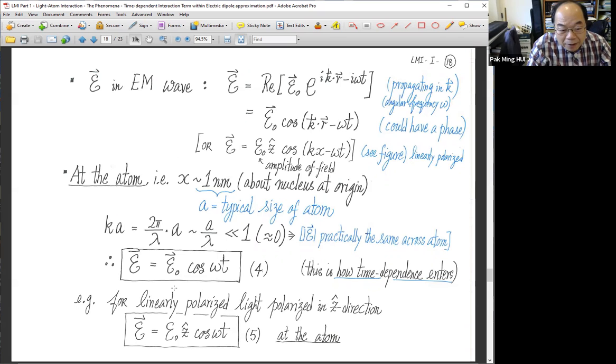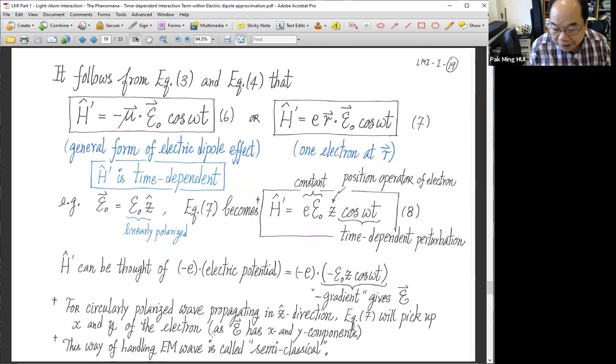So let's put linearly polarized light for this case. Then we will have an amplitude of the E field, linearly polarized along Z, times cosine omega t. So we have to play with a time-dependent field.